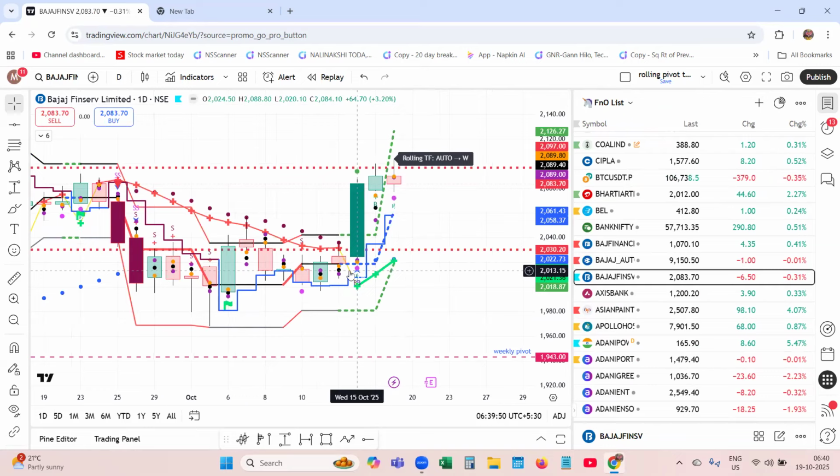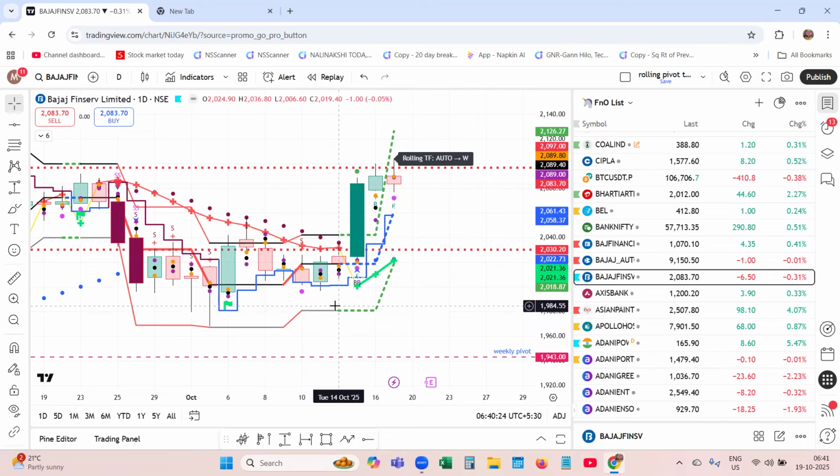Bajaj Finserv gave entry on 15th. Before that, this dynamic Gann Hilo turned neutral. At that time, the CPR Gann Hilo was positive, and my pivots transitioned from neutral to positive in this area.